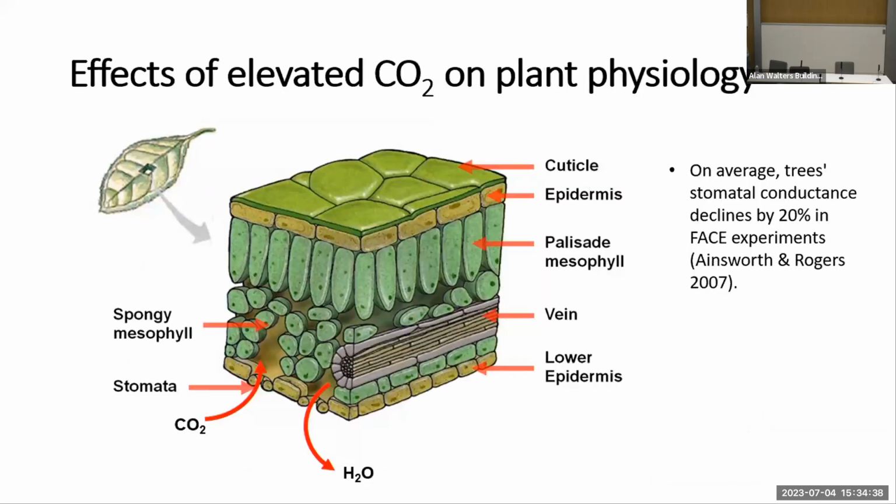Now, bringing into context the unique phase experiments that I am happy to be part of, elevated CO2 also has an impact on leaf temperature, in that studies have shown that stomatal conductance is reduced by about 20%, according to Edwards and Rogers, and that has implications on the leaf's ability to transpire, and through transpiration, the leaf temperature is also regulated.